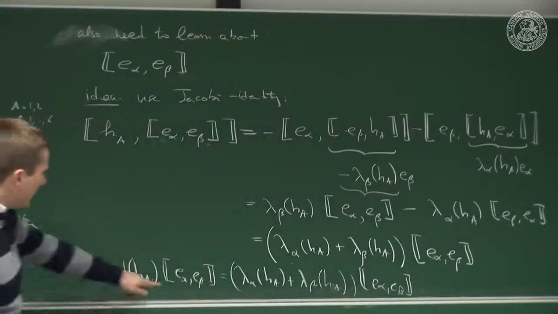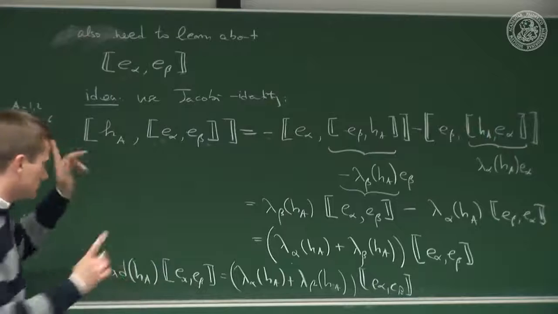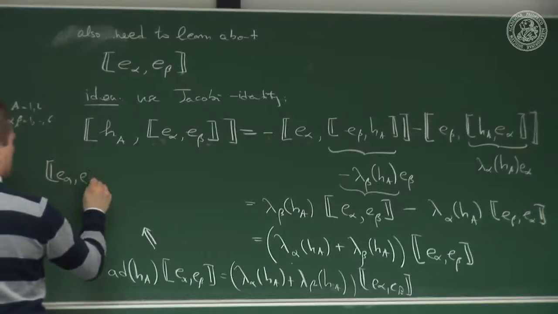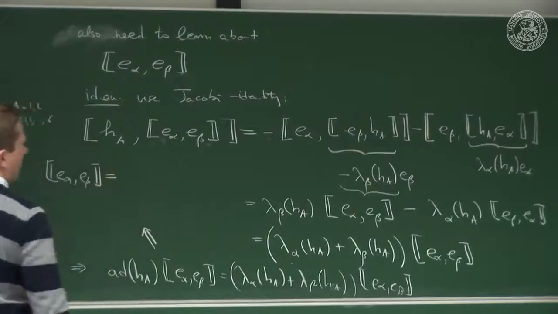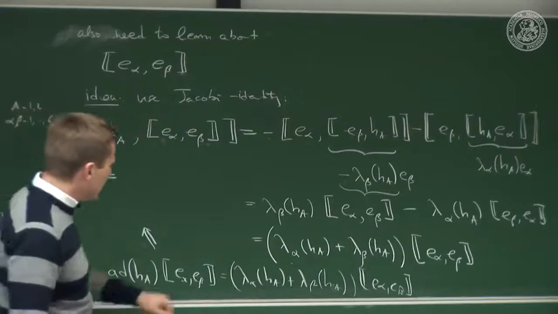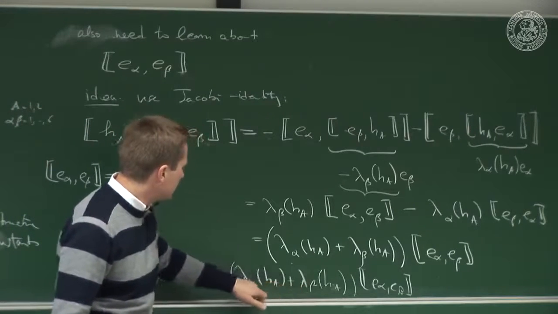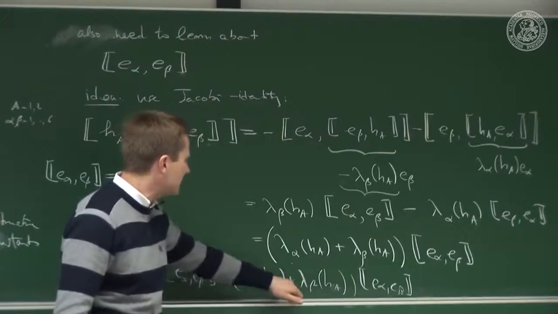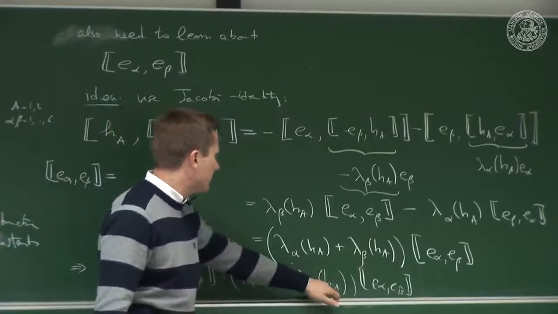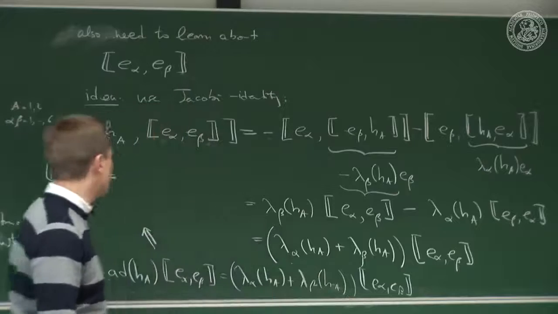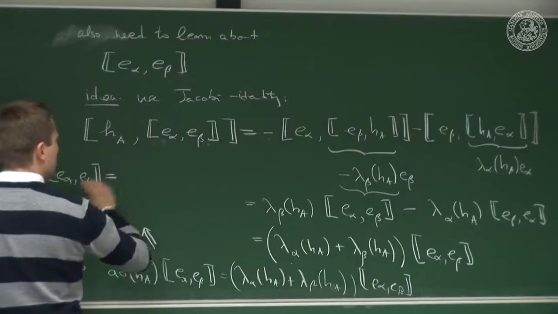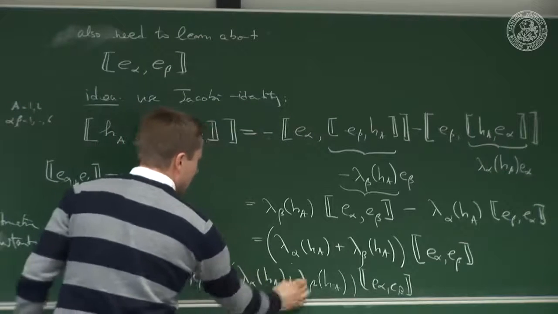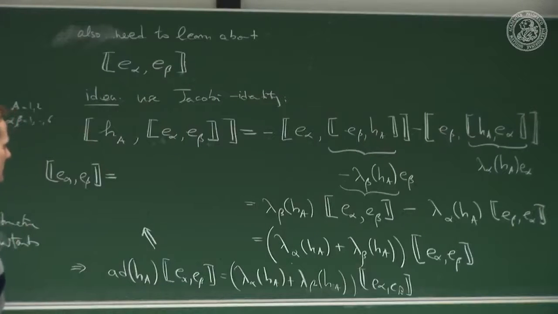That means [E_alpha, E_beta] is also a root. Well, I say it's a root if the sum, you see, you could write lambda_alpha plus lambda_beta, you could take the sum, considering them as H-star elements, and only after taking the sum in H-star, you act on H_A. This can either be a root corresponding to the root lambda_alpha plus lambda_beta, if there is such a root.